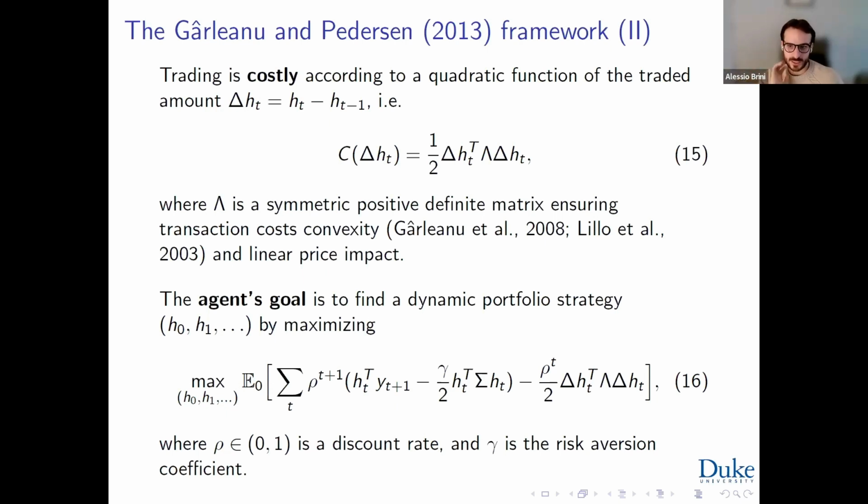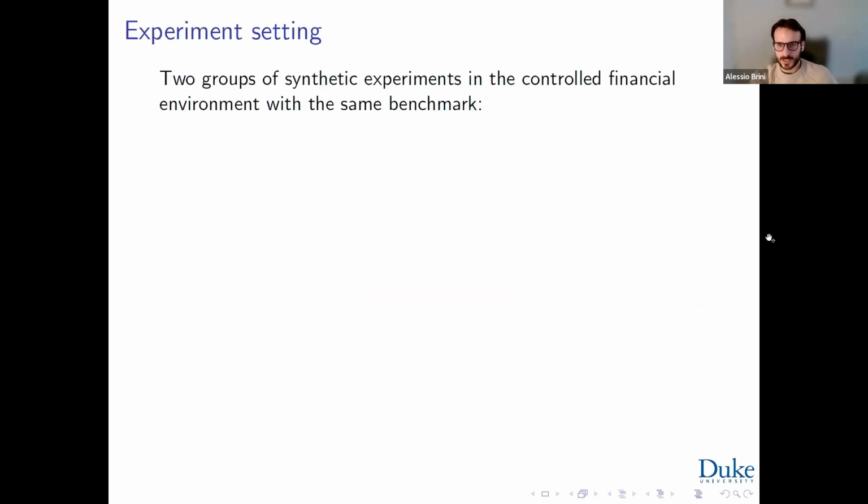It's the sum of risk-adjusted P&L over time, where you have the return and the risk part here, and these are the transaction costs. So essentially, this is a setting where you have a known optimal solution, which I haven't posted in the slide. It's just in the paper that gives the title to this slide. And we're going to see if the RL agent is able to retrieve that solution.